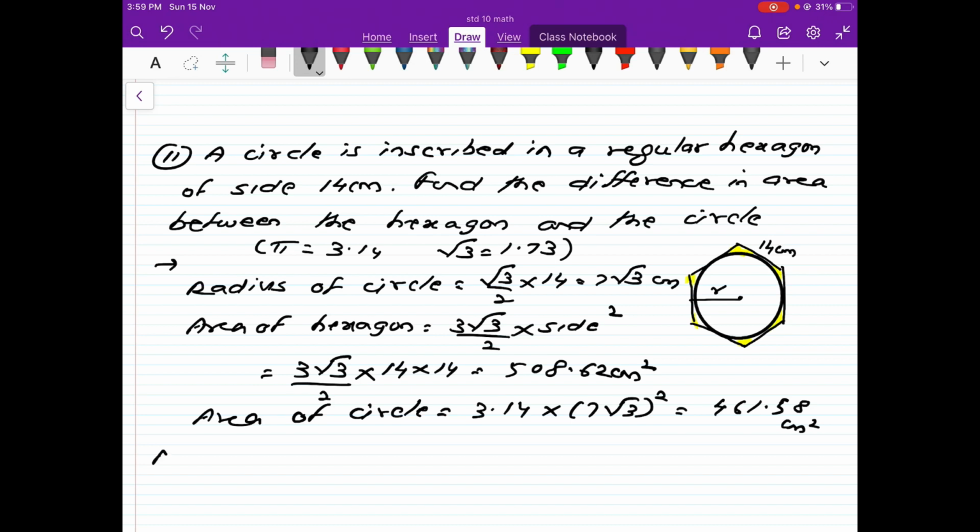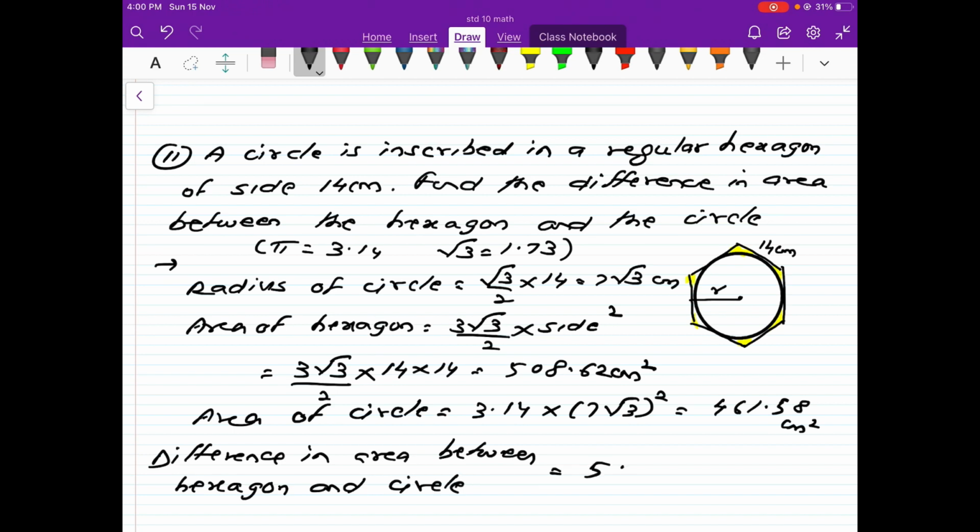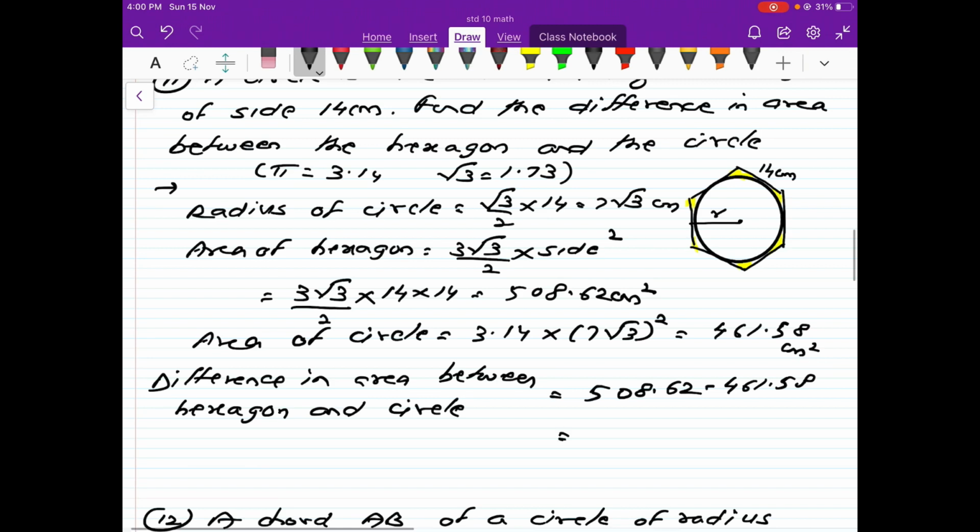So now the difference in area between the hexagon and the circle is simply 508.62 minus 461.58.